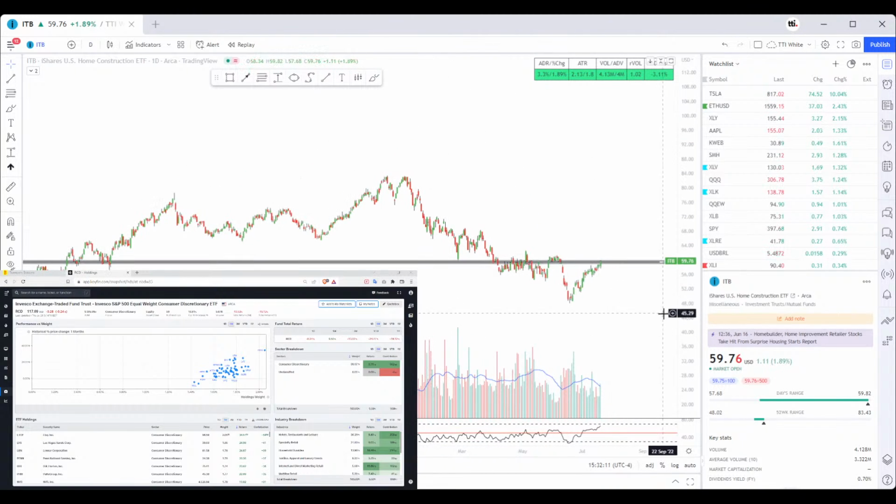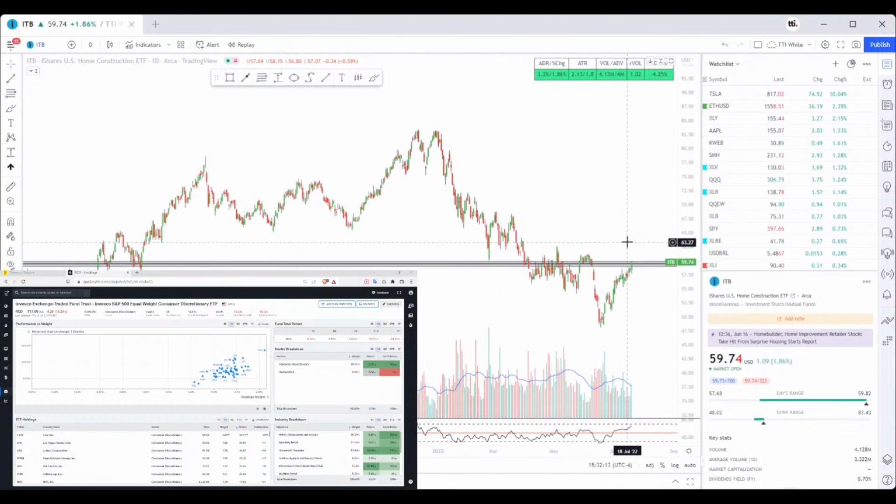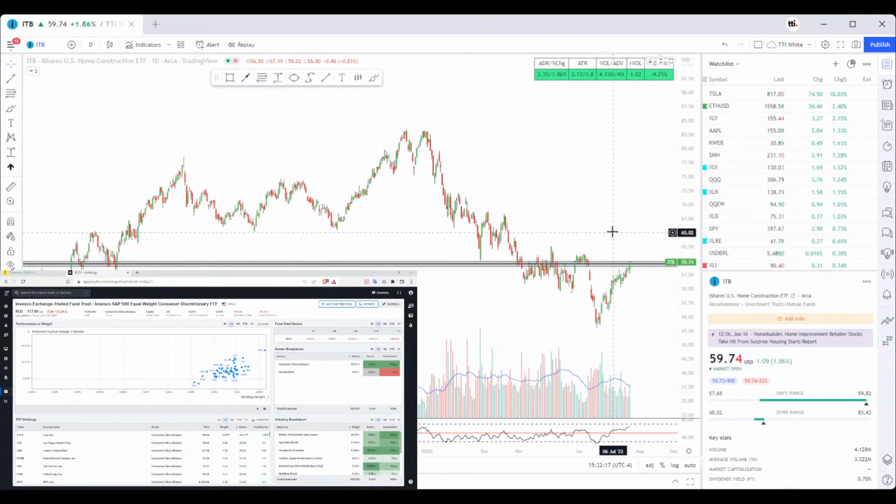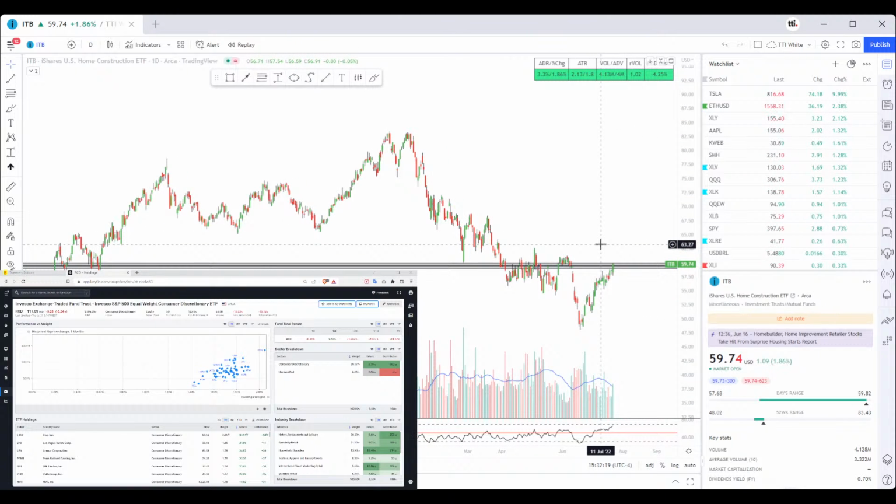Kind of wild, man. I think this could be a potential pivot spot for ITB. We might want to think about updating charts to go long above 60. I don't think we're there yet. We have this nasty sort of price action from back in June that I think we'd want to clear at 61. But we're in that area, and that blows my mind.